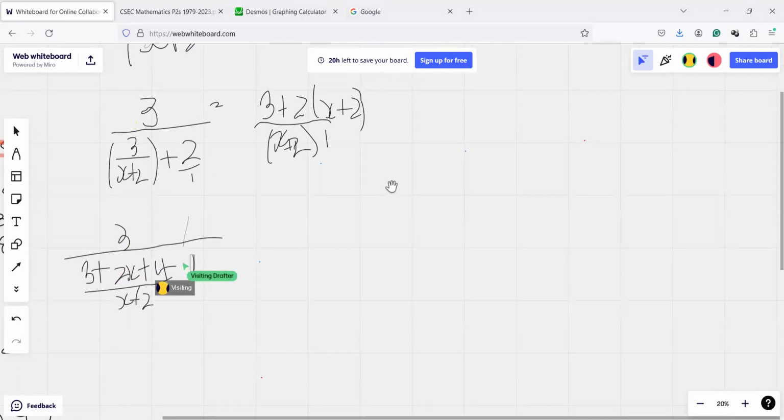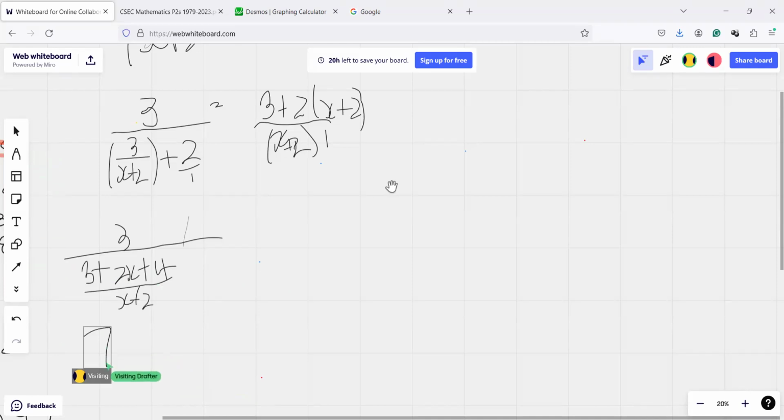So it's 7 plus 2x. Let me just tidy this up. Let me put it in another line.